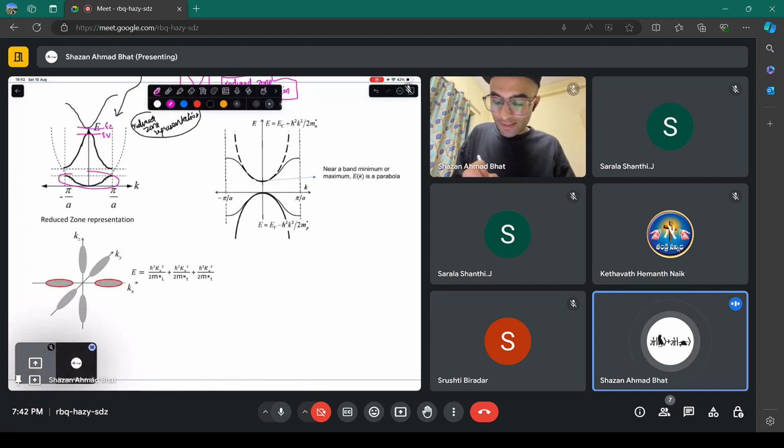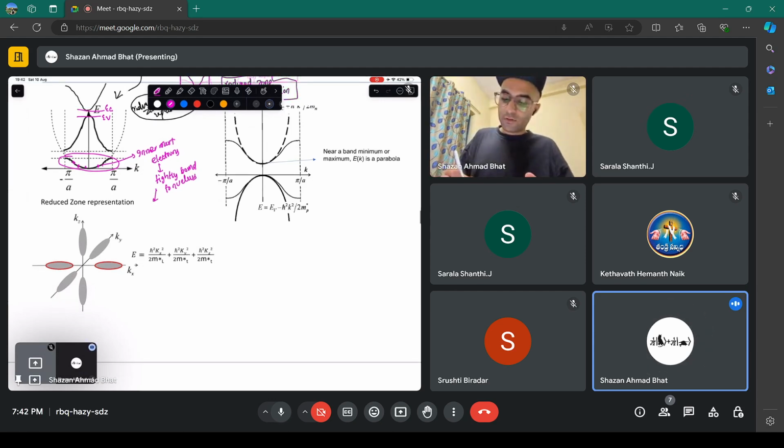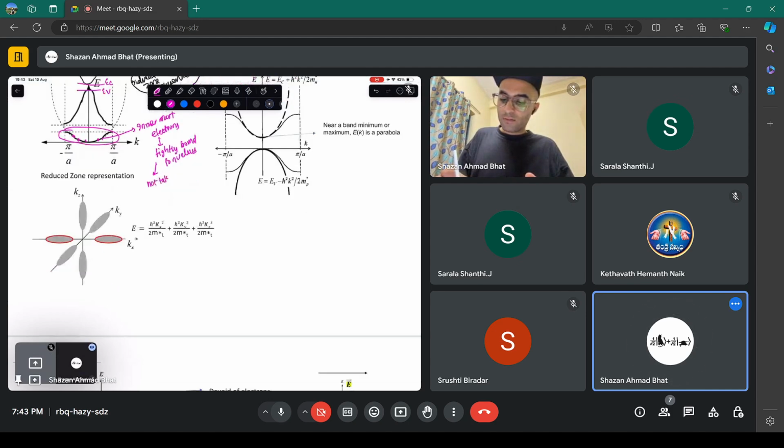This particular band has inner electrons. These are innermost electrons, and these are very tightly bound to the nucleus. And if they are tightly bound, they do not take part in conduction.